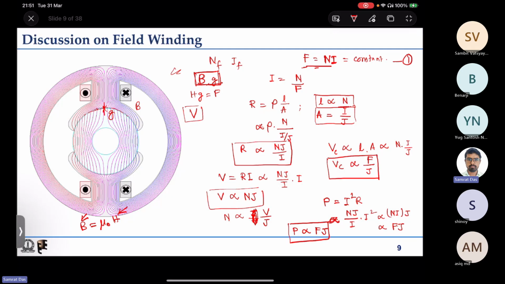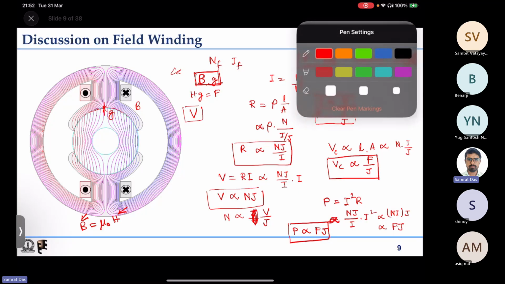From this equation we can derive that I is equal to F by N. Sorry, here also I think I have made a mistake.